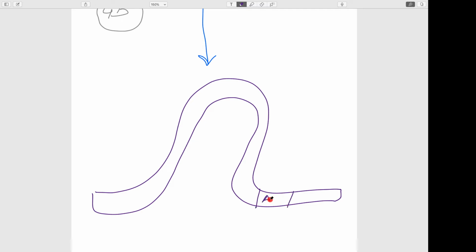Here it is AUG, 3 prime, here it is the cap, 5 prime.